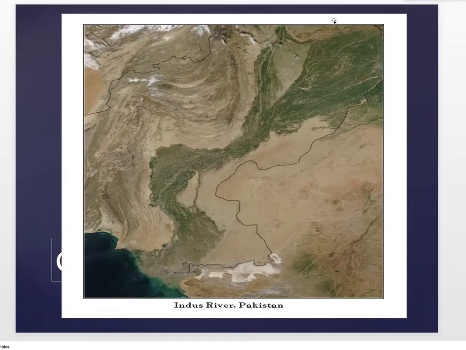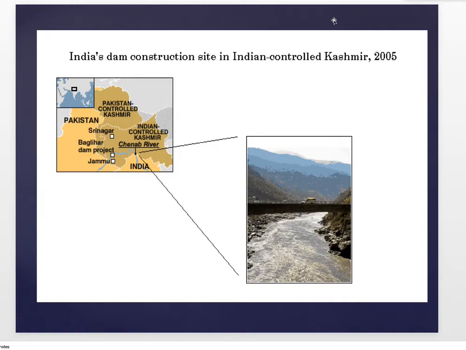And in fact, you can see an expression of this sense of vulnerability that Pakistan has. When you look at this map here, here's Pakistan, here's India, here's Indian-controlled Kashmir. Look at that feeder river coming from Pakistan into India-controlled Kashmir. And of course, what does India decide to do up here?